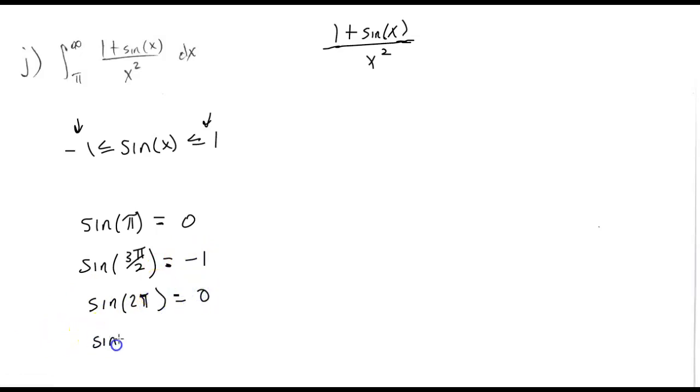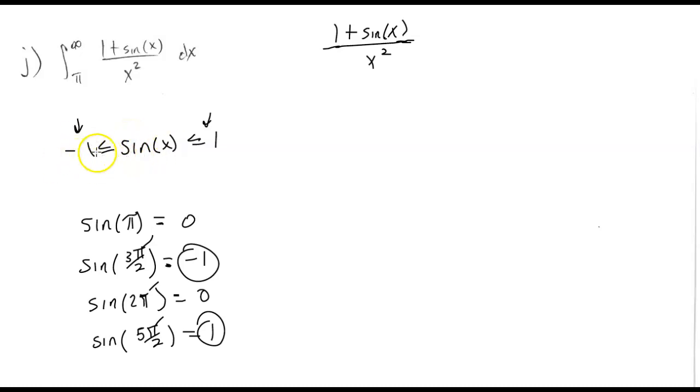And sine of 5 pi over 2, which is just 2 pi plus another pi over 2, would be 1. So the point that I'm getting at here is that all of these numbers are larger than pi, and at some point we hit -1 and 1, and that's going to repeat itself.